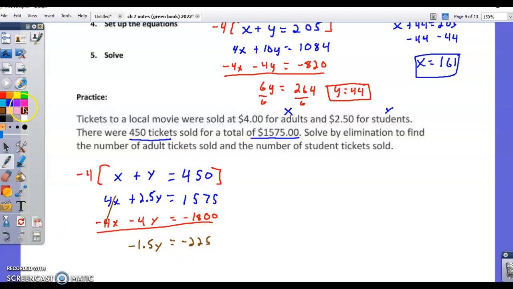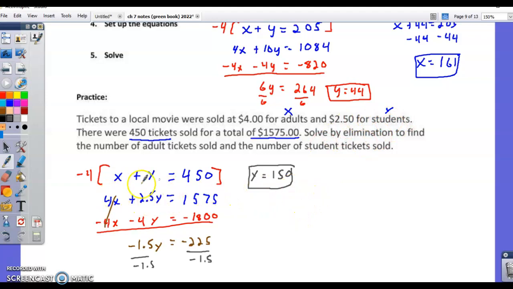And then to solve for y, we're going to divide by -1.5. So -225 divided by -1.5 is going to give us 150. So y equals 150, and y we know is our student tickets.